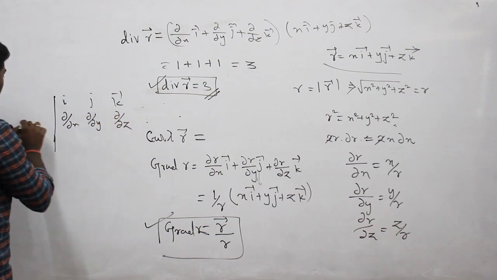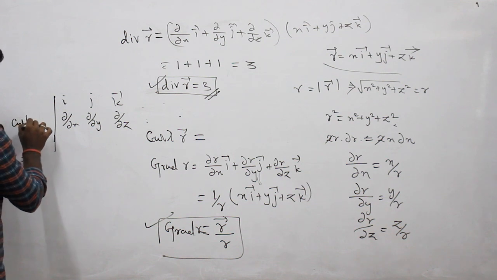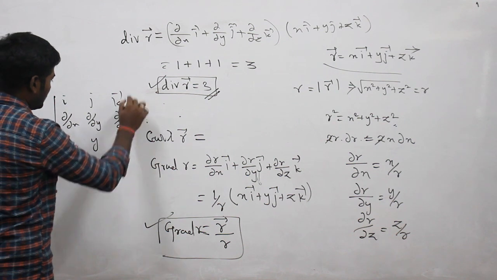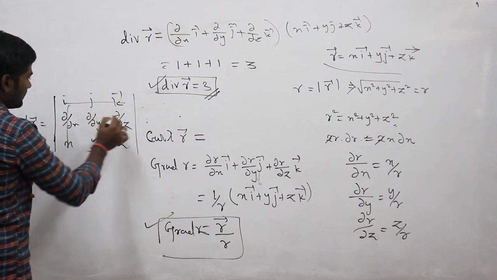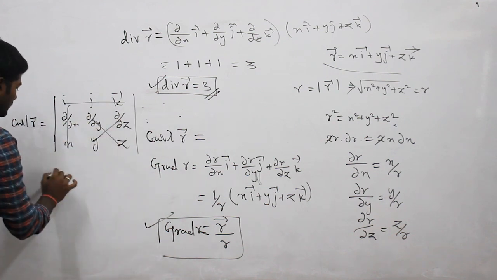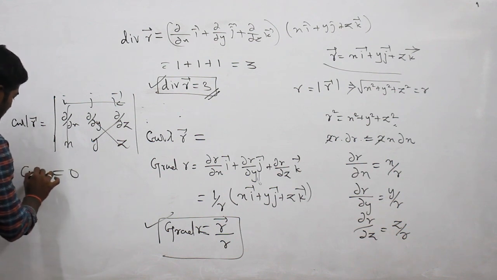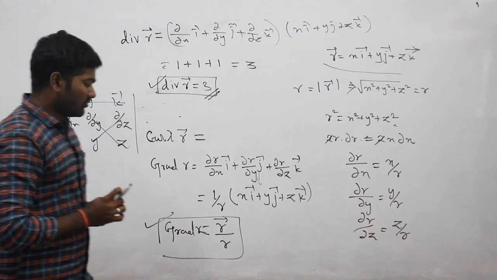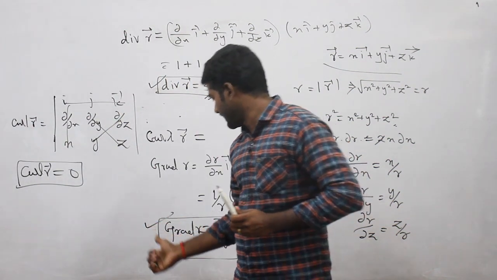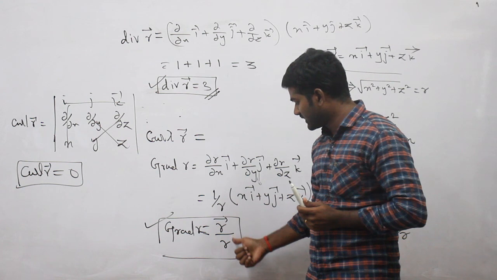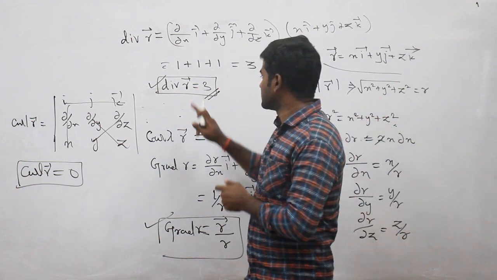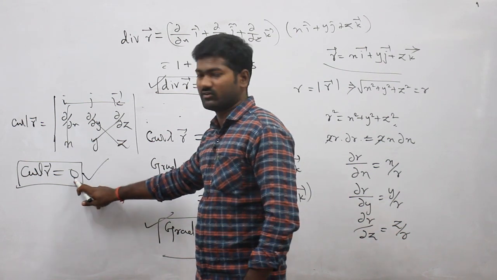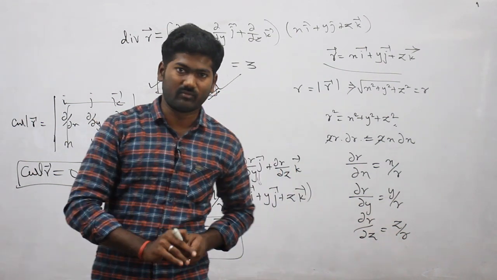This is the formula for the curl. Here, for r, take x, y, z, and everything will become 0. So the curl of the r vector is equal to 0. From this you should remember 3 results: gradient of r vector is r vector divided by r, divergence of r vector is equal to 3, and curl of r vector is equal to 0. You should learn these three results from this problem.